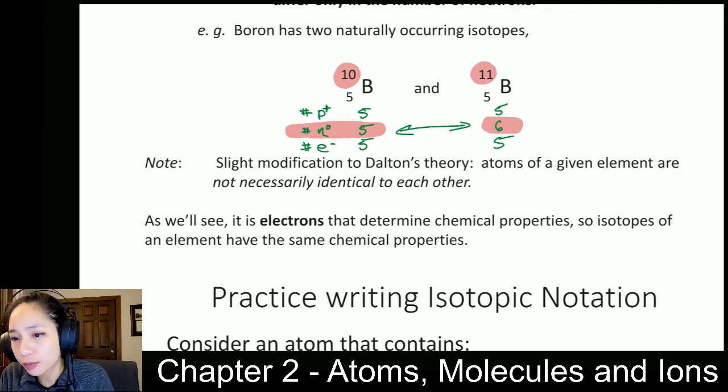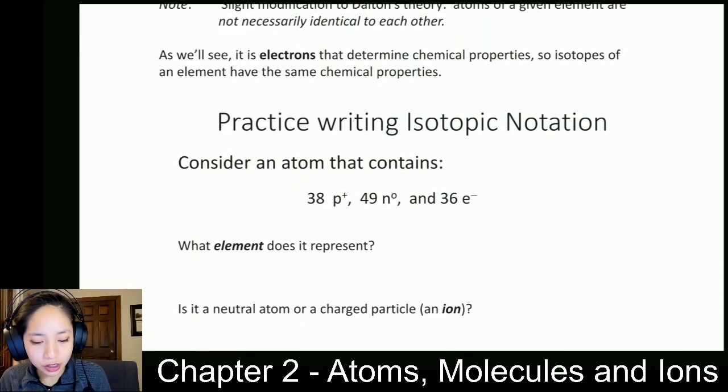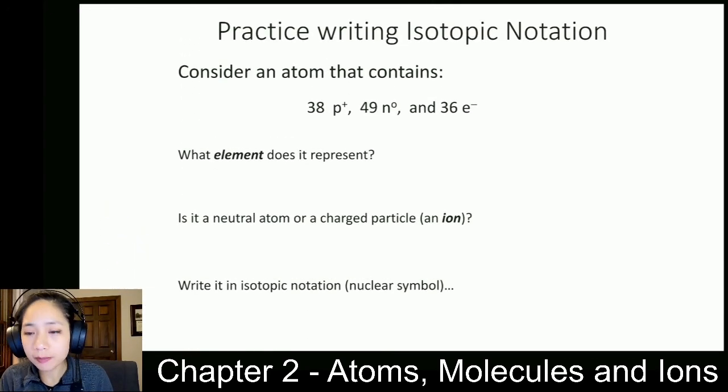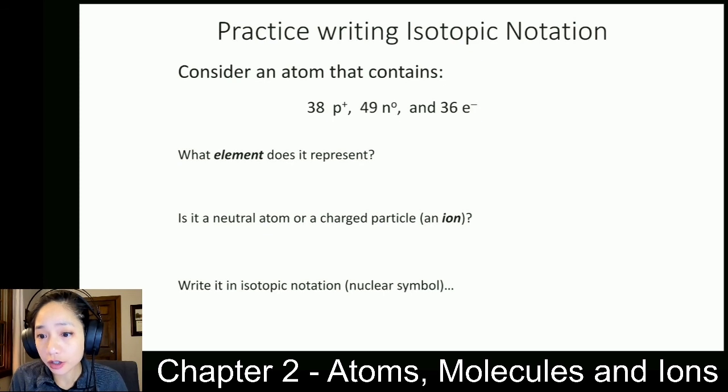So isotopes of the same element typically have the same chemical properties. That's why we talk about carbon-12, which is the most abundant carbon, or carbon-13, or carbon-14 dating. Those are other isotopes of carbon, but the only thing that's different is the number of neutrons within the nucleus.